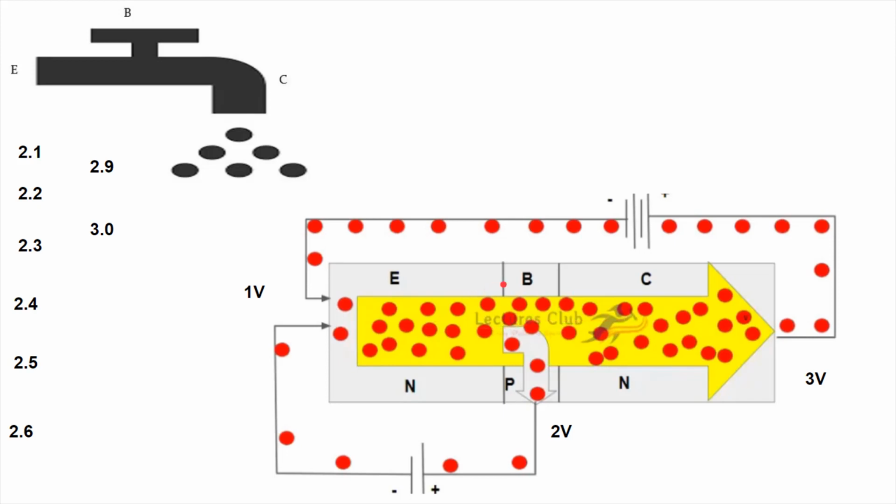Now when you further increase the voltage to 3.1 or 3.2, the base is completely filled. The base is not going to accept any more electrons. Previously, electrons were coming into the base, but the base was very thin. Electrons didn't find any holes or any space to move into in the base.